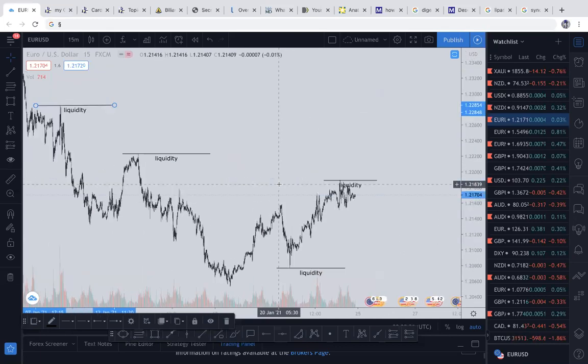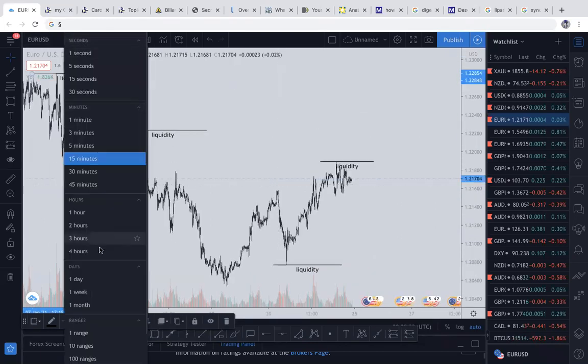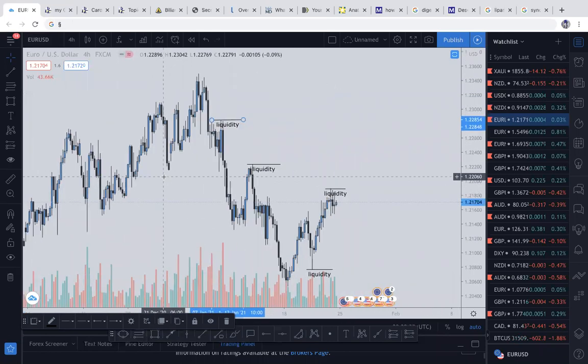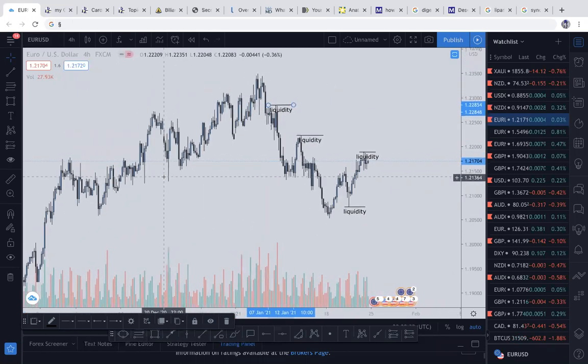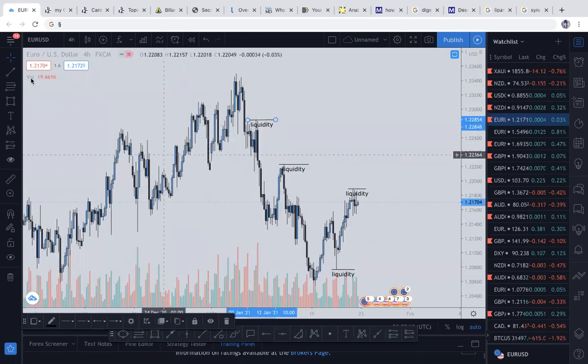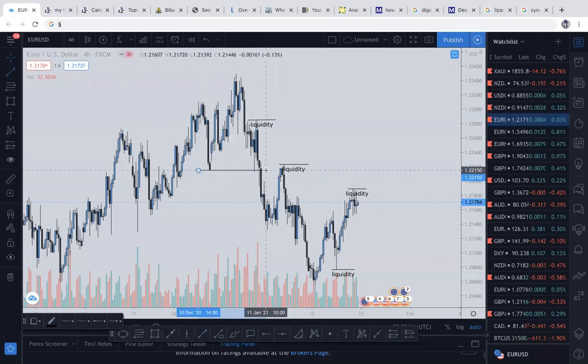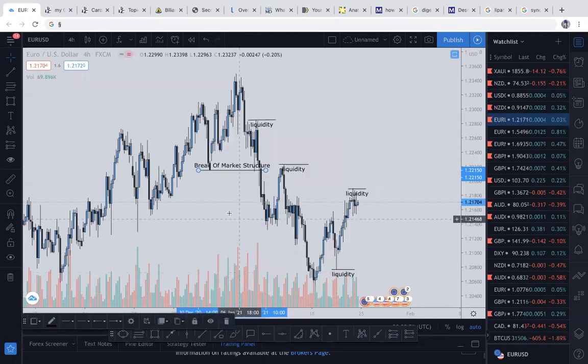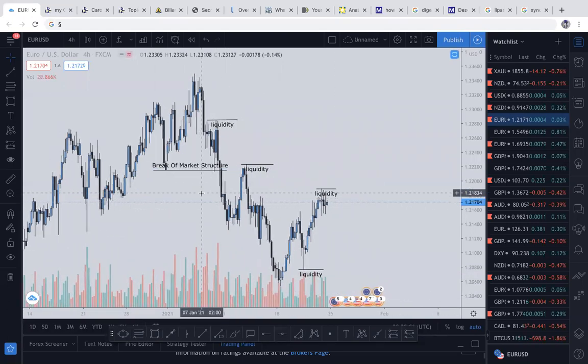Bear in mind, looking at this chart right here, let's go on a higher time frame. We were going higher, up, down, up, down, up, down, up, and we created this up. This is the area where we broke the structure to the downside.